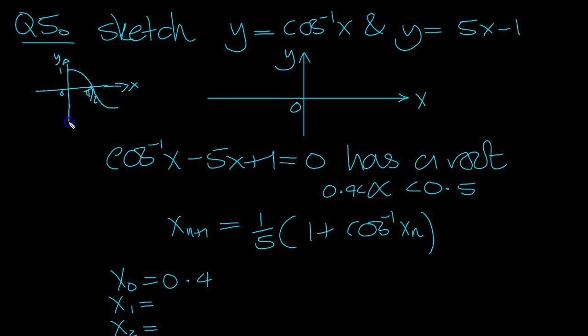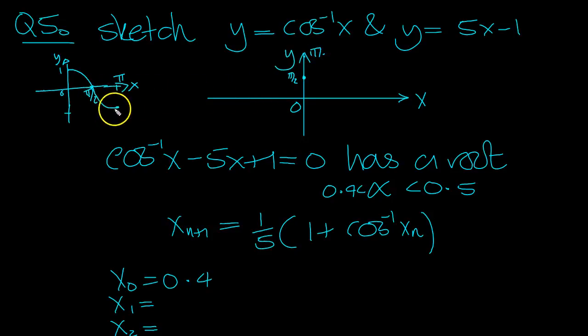So this looks like this. This point would be there. This point, which is at pi, would be, this is pi over 2. This is pi.